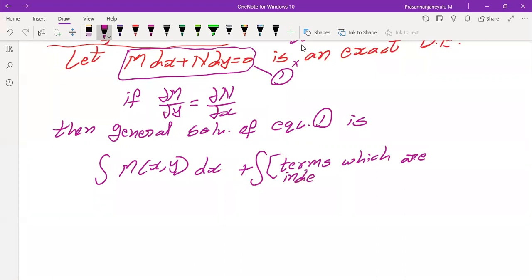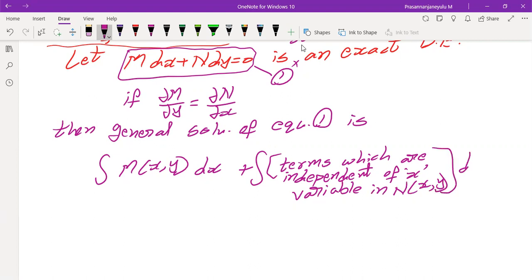That means the terms which are not having the x variable. You can observe this easily in a problem. In the function N of x comma y, we have to take only the terms which are independent of x, that is, which are not having the x variable, into dy, equals integration of 0.